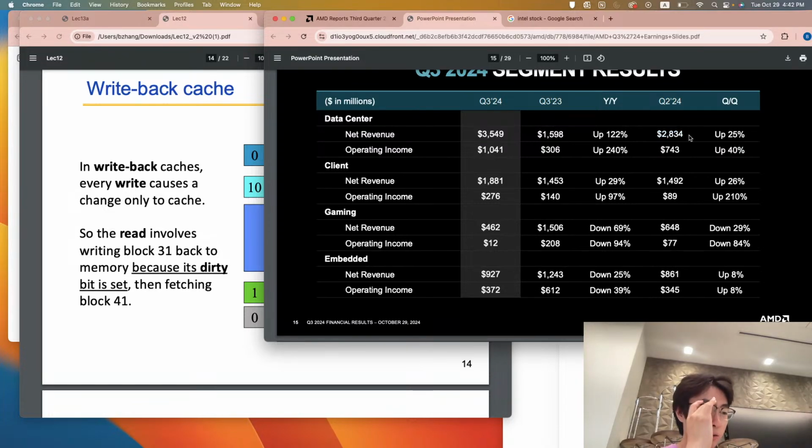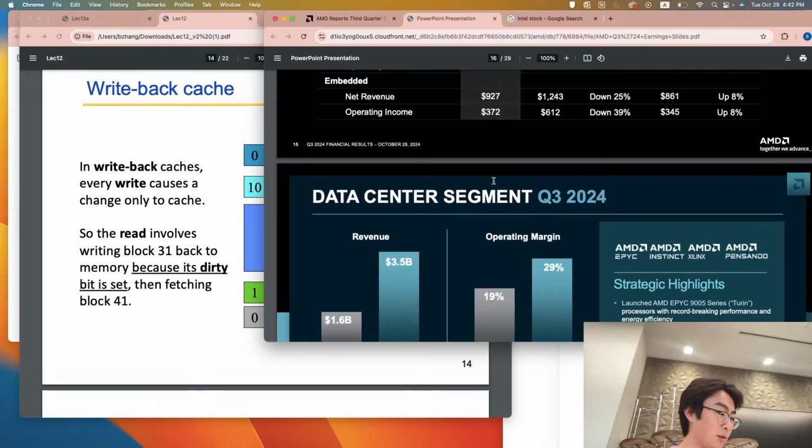Okay, quarter over quarter is 25%. Yeah, this is a lot more than what Intel made. Or this is less than what Intel made in terms of net revenues, but this is, I think, going to be higher than what Intel's going to be able to make.